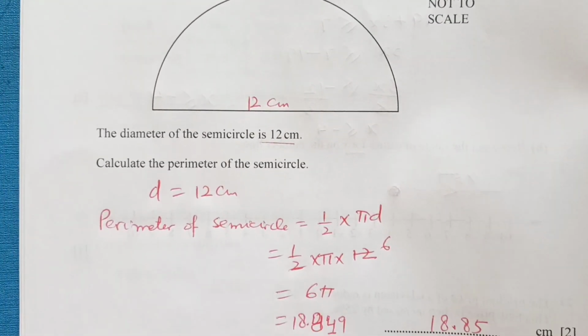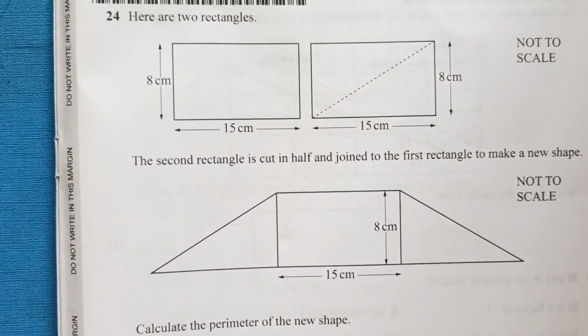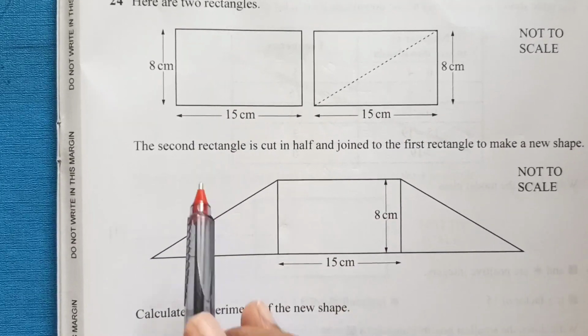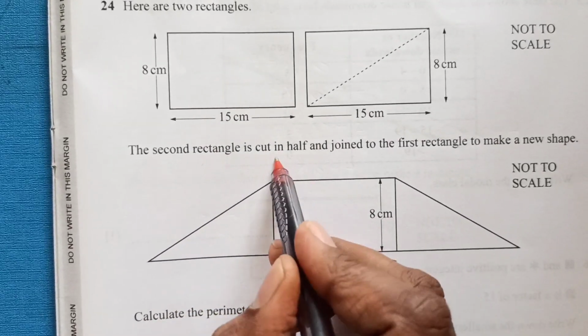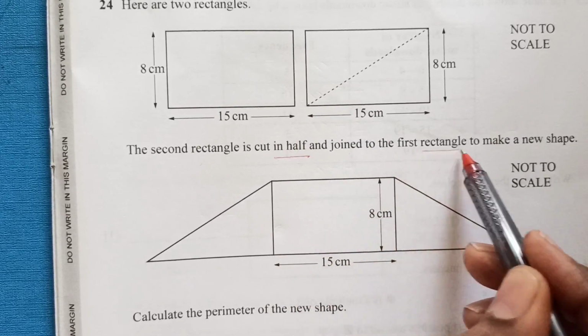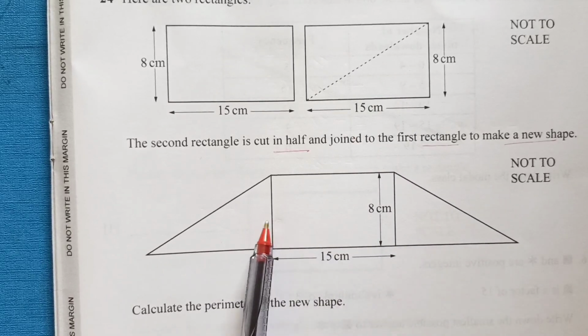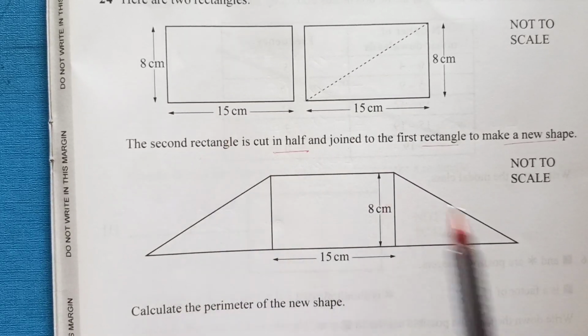Let's move to the next question. Number 24. Here are two rectangles. You can see these two rectangles. The second rectangle is cut in half from here and joined to the first rectangle to make a new shape. So these cut pieces are joined here to this rectangle on both sides.